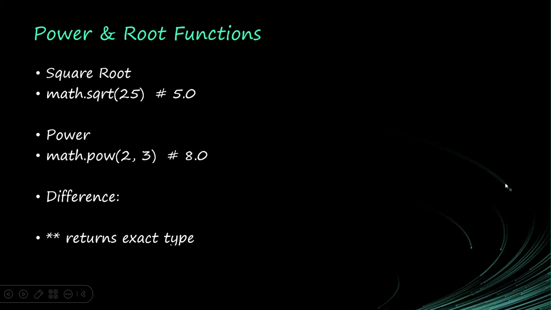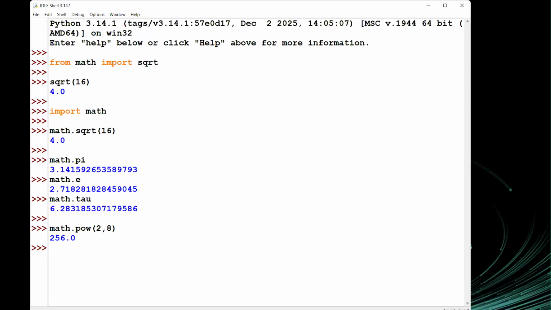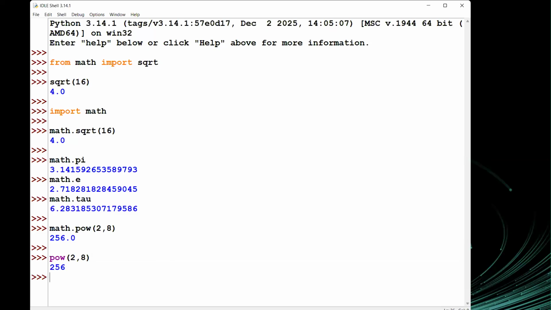We also have the power even without math.pow, where you can say 2 raised to power 8. It would also give us the same thing.